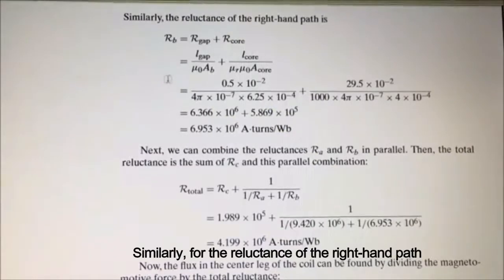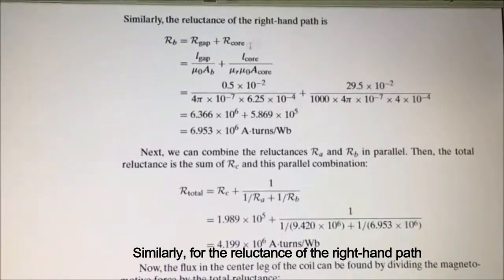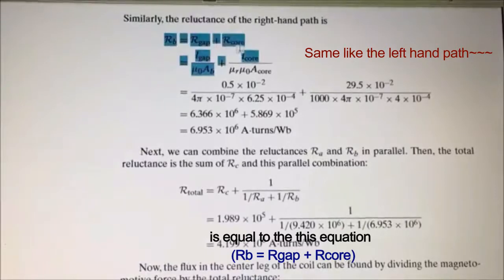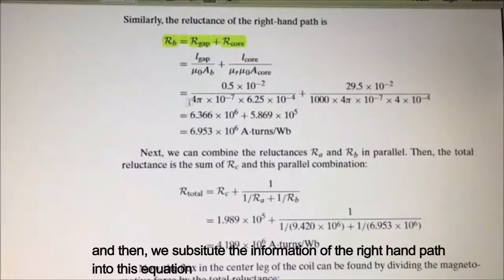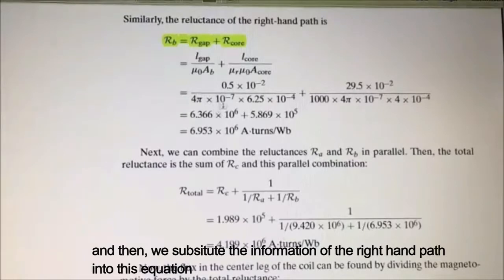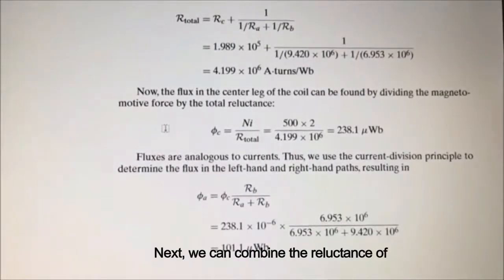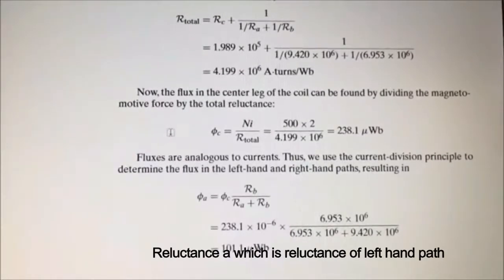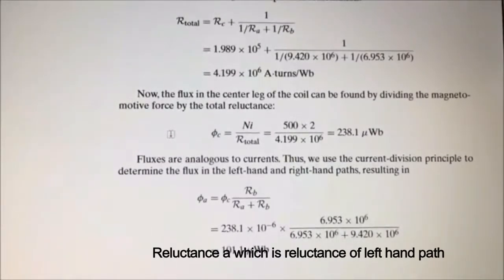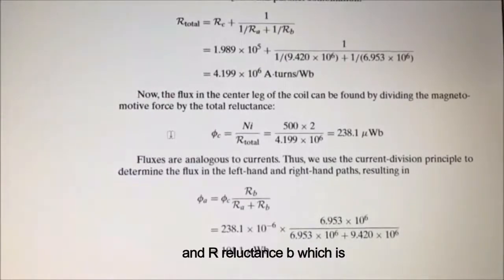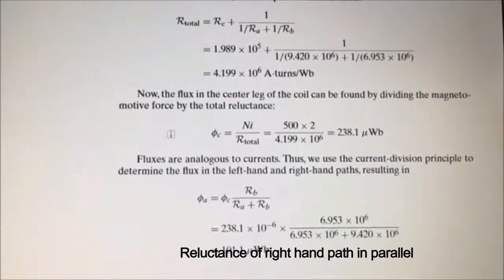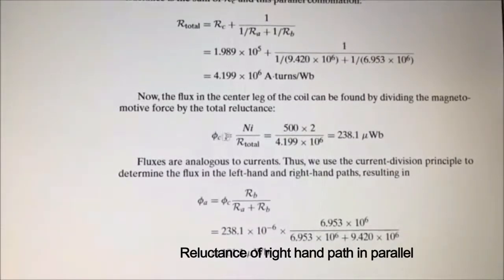Similarly, the reluctance of the right-hand path is equal to this equation, and when we substitute the information for the right-hand path, we obtain this result. Next, we can combine reluctance RA, which is the reluctance of the left-hand path, and reluctance RB, which is the reluctance of the right-hand path, in parallel.